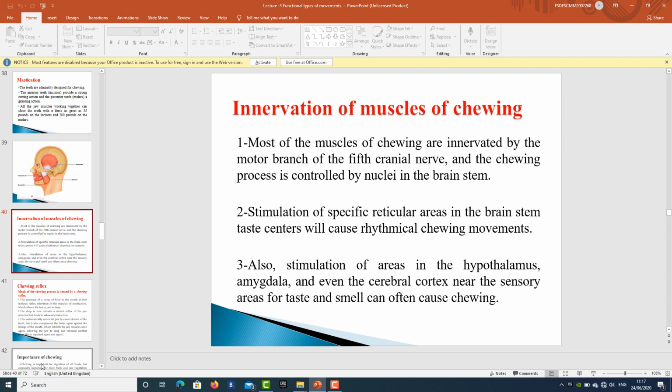Also, the stimulation of areas in the hypothalamus, amygdala, and even the cerebral cortex near the sensory areas for taste and smell can often cause chewing. So, whenever you are asked about the muscles of mastication, the fifth nerve should be there in your mind.